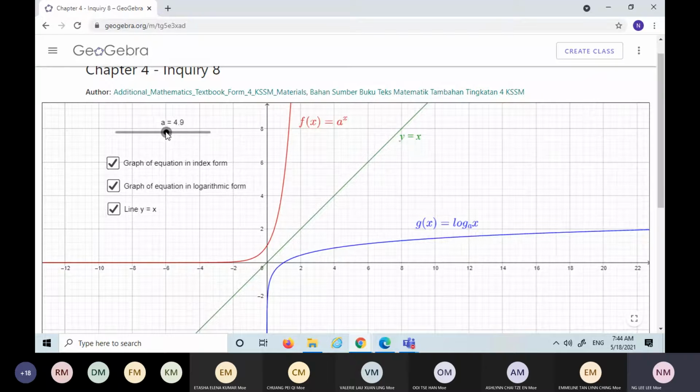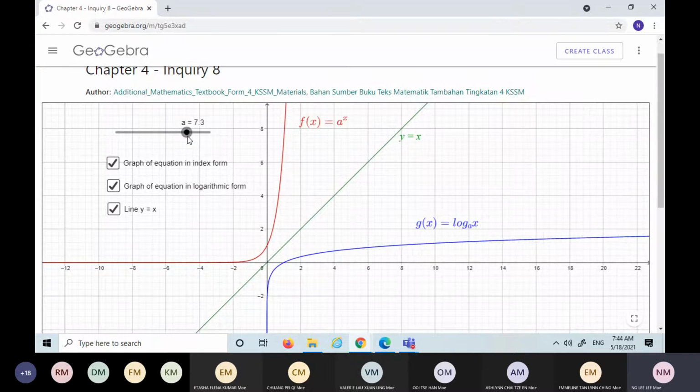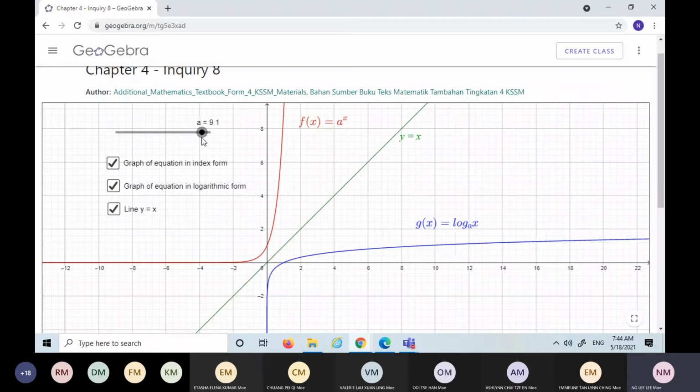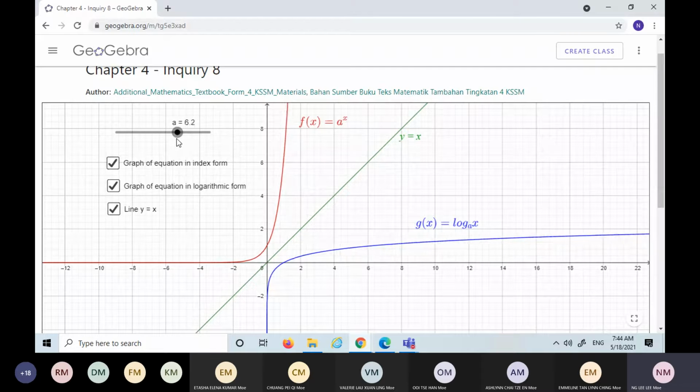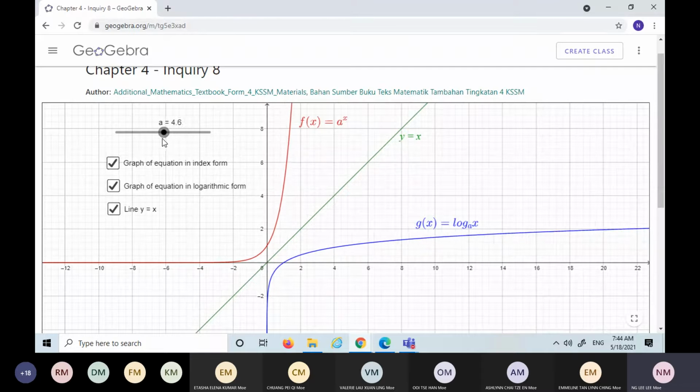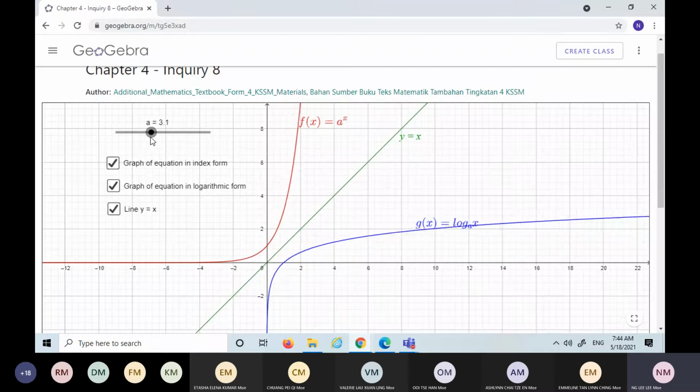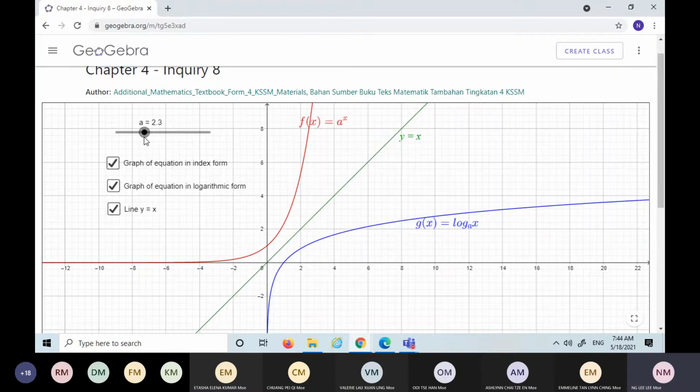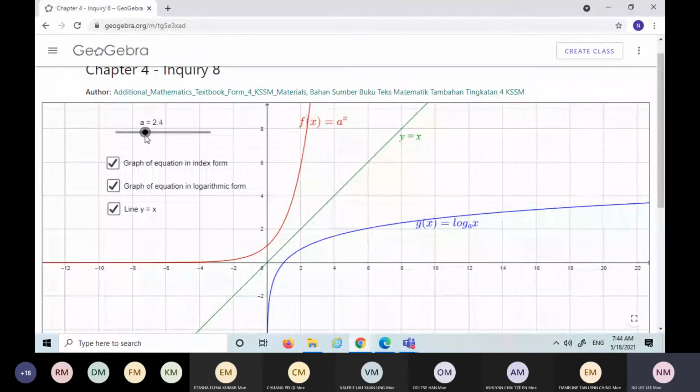You see, no matter how the graph moves, there is one point that is not moving. Do you notice that? No matter how the graph moves, there is one point that is not moving. Anyone can tell? One more time.